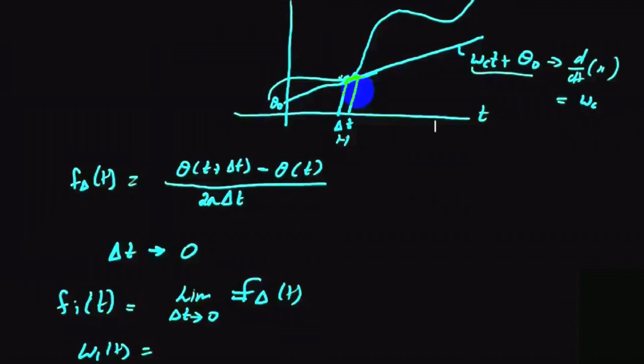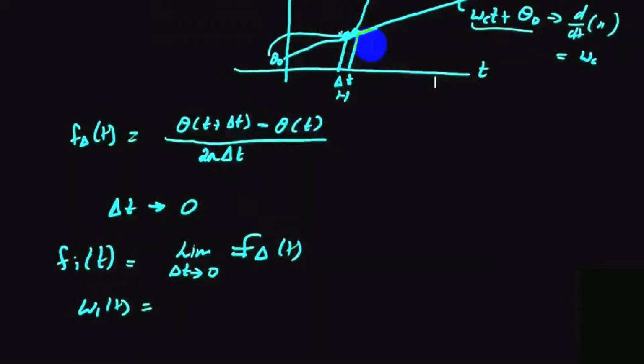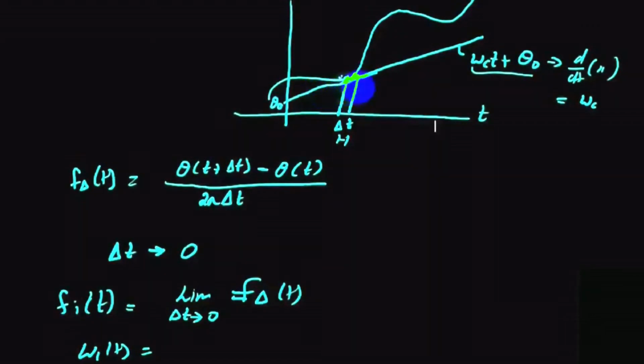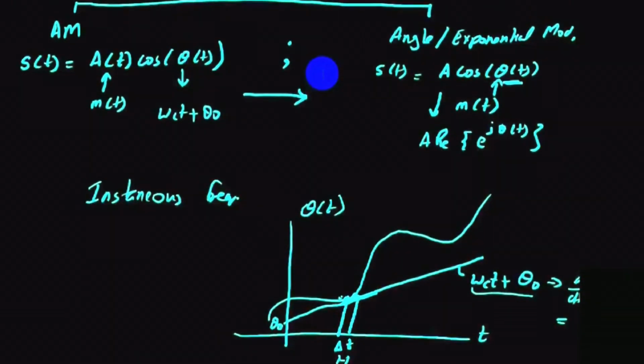So the instantaneous frequency omega i of t, or f i of t, is basically equivalent to the generic angle over this interval. From this we get an explicit expression of instantaneous frequency with respect to the generic angle.